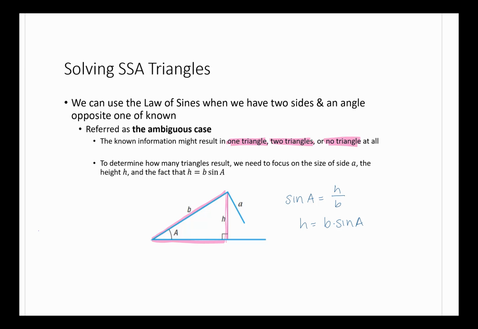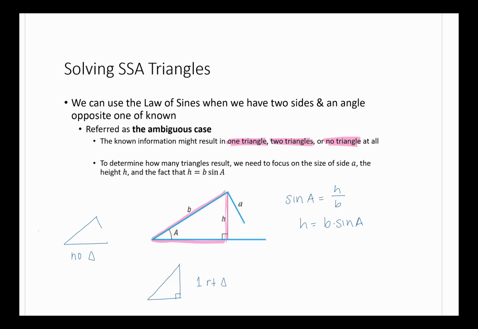One thing to note: if this piece is too short, something like this, I'm not going to be able to make a triangle. That would be no triangle possible because it's not going to connect all the way. It's possible that we're able to connect it so that it makes a right angle. We would have one right triangle possible.